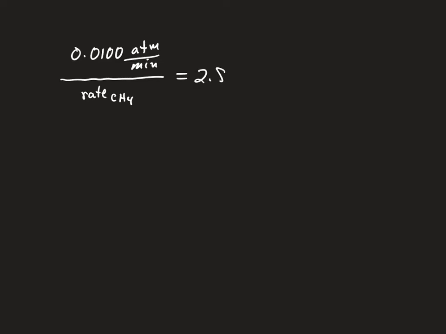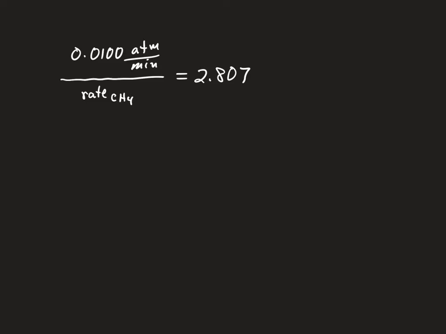So, coming off the last page, we have 0.0100 atmospheres per minute. That's the rate of effusion of the hydrogen gas, divided by the unknown rate of effusion of the methane gas, is equal to 2.807.